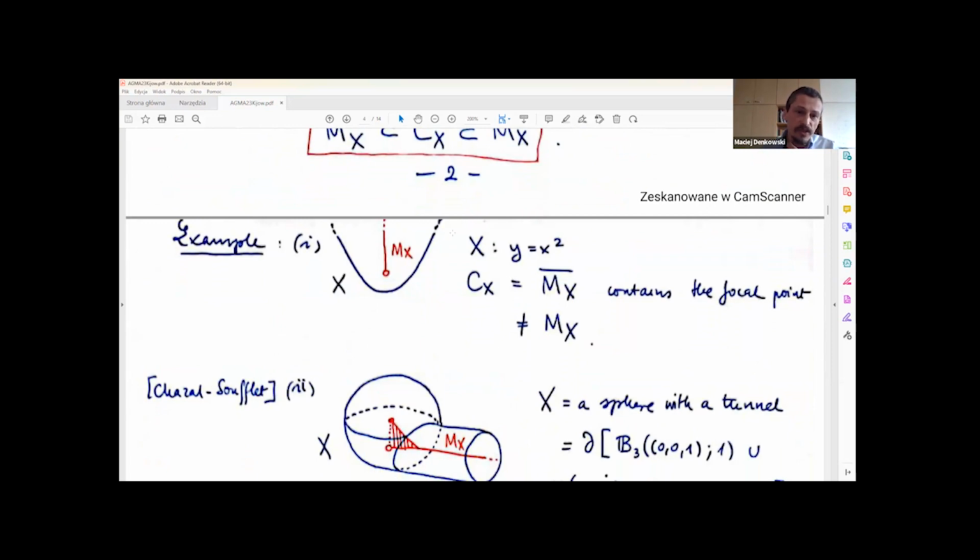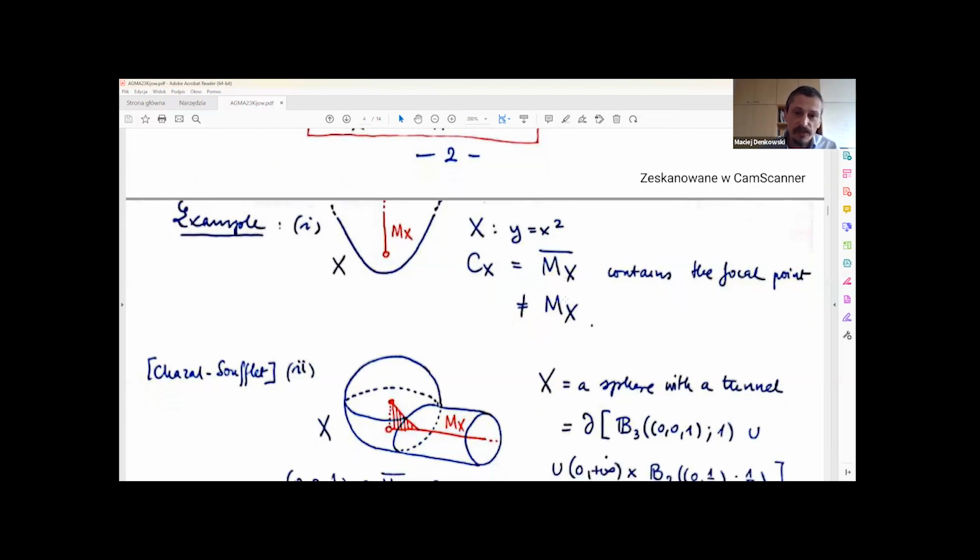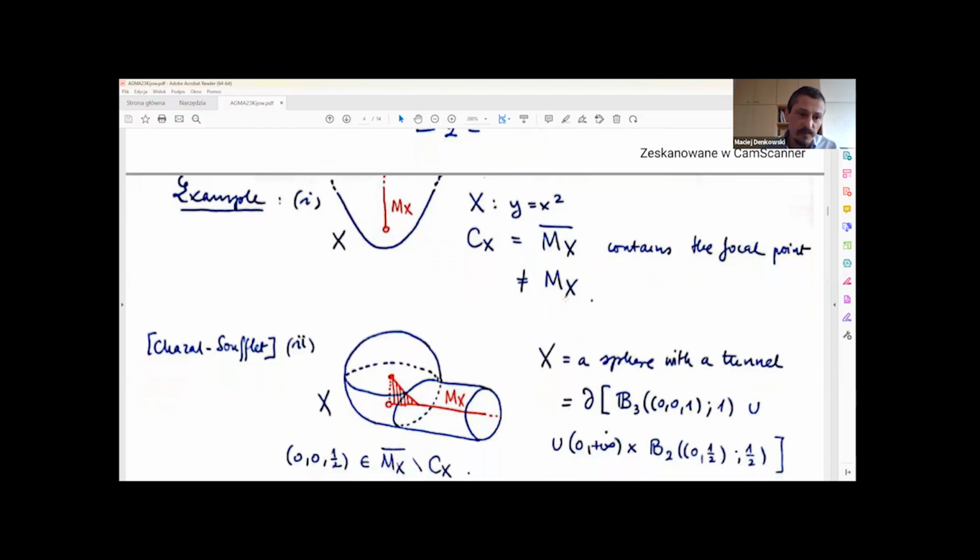So the first one is just a parabola. For the parabola, it's easy to see that the medial axis is a half line stopping at the focal point. But the focal point is a point for which the unique closest point is zero, right? The apex of the parabola. So the central set here is the closure exactly of the medial axis, and this closure is different from MX.